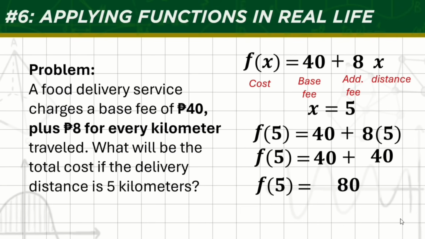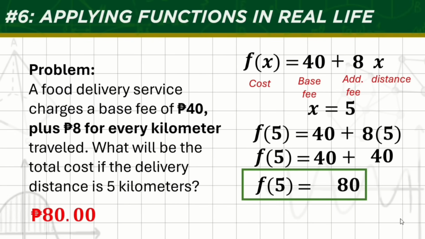So, if the food delivery travels 5 kilometers, the total cost will be 80 pesos. This function, f of x is equal to 40 plus 8x, helps us predict the delivery cost for any distance.